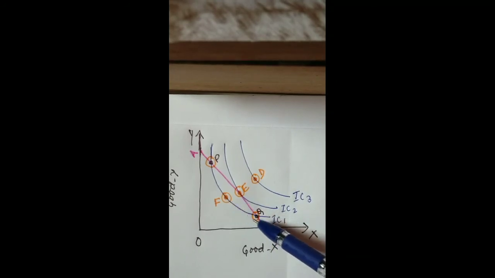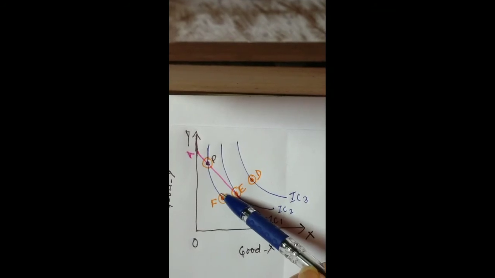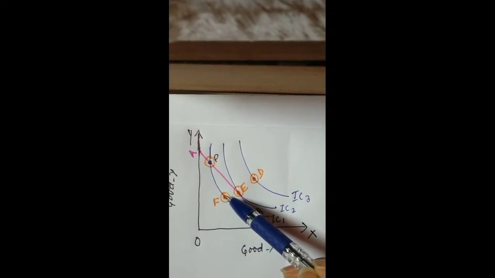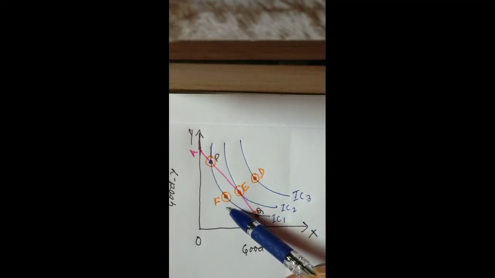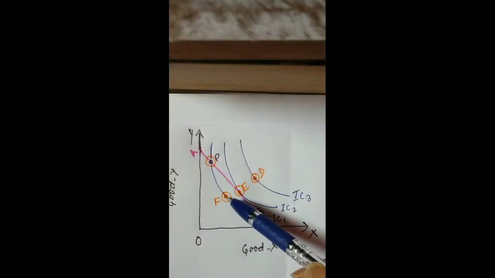It is also situated on IC1. But one more thing we can also say about combination F, that here the consumer is not able to spend his total income. In case of P and Q, the consumer is able to spend his total income, but at point F he is not able to spend his total income.